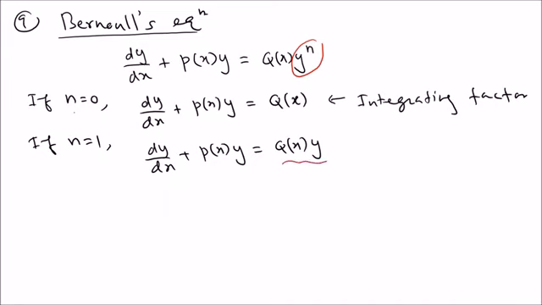So there are two ways to do this problem. One way, we can write the differential equation like this. We can bring that term to the other side, and then y is common, so you can see this is again first order linear. So this is integrating factors.